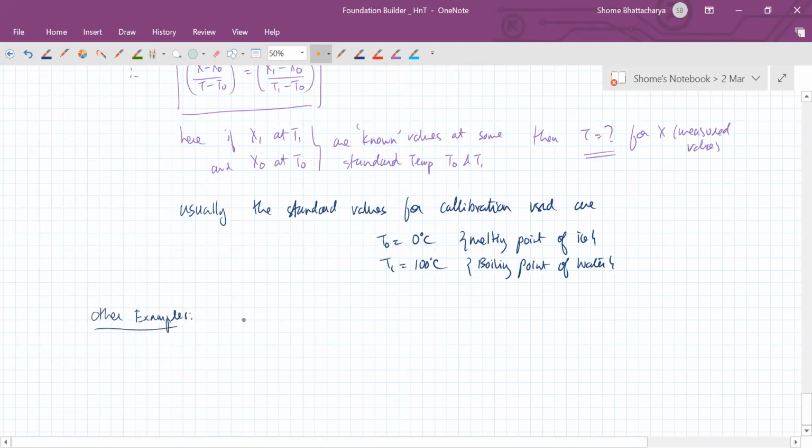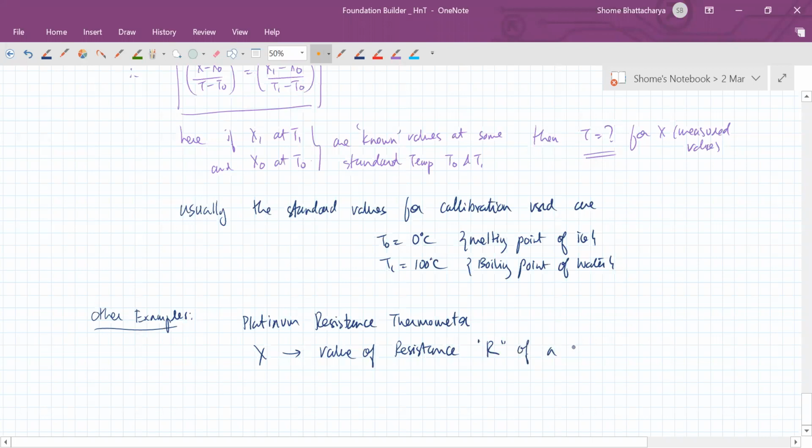Other examples are platinum resistance thermometer, where X is the value of resistance R of a platinum wire.